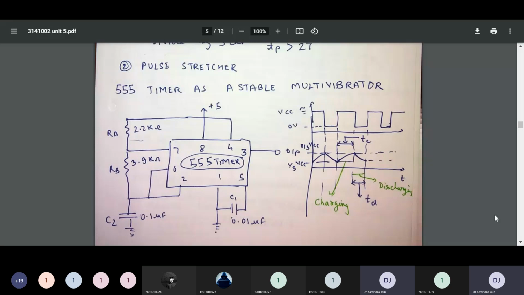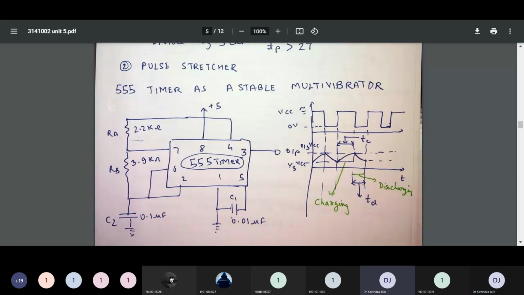So guys, according to the given circuit, output is high. C starts charging towards VCC. I repeat, capacitor starts charging towards VCC via RA as well as RB. Please note down.